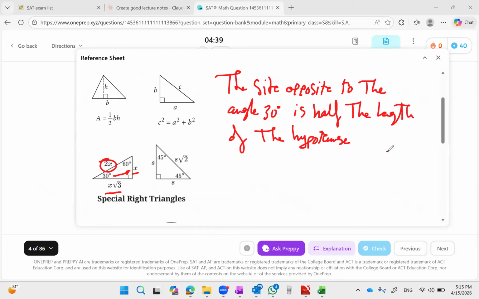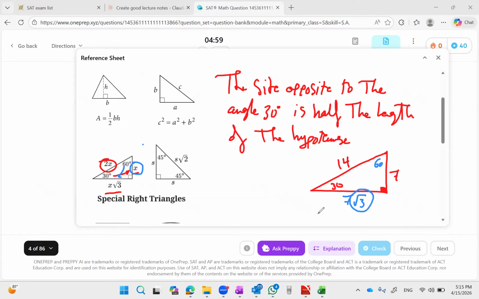It means that if I have a right angle triangle and this angle is 30 and this side is 7, the hypotenuse is equal to 14. And in this case, the side opposite to the angle 60 is the small side multiplied by √3. So this angle is 60, so this side is 7√3.